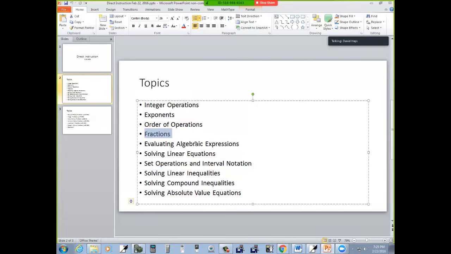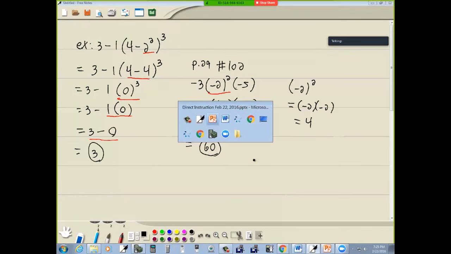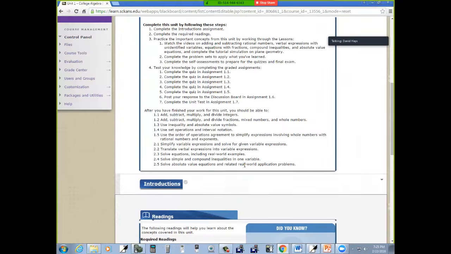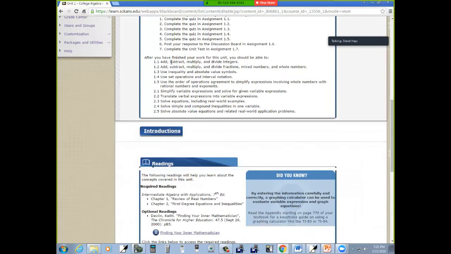Now this next topic is fractions. And fractions was one of them that they had down. So I looked at what should you be able to cover, and down here is fractions. And so let's take a look at that.